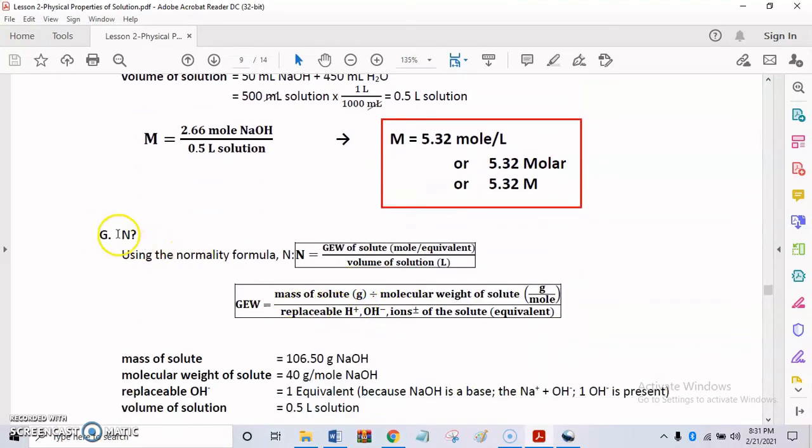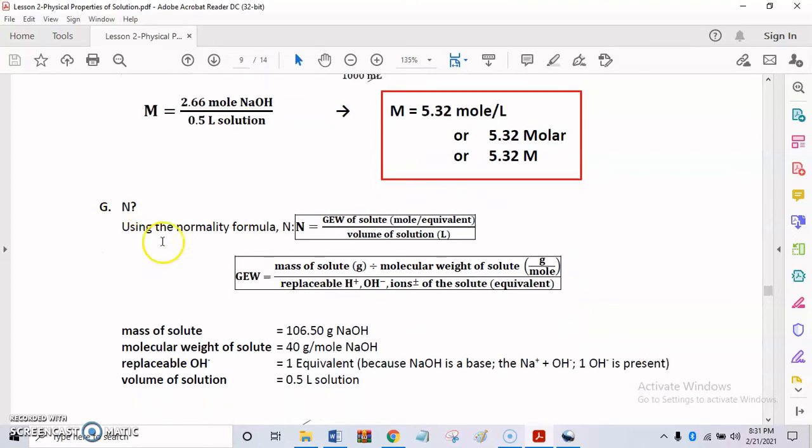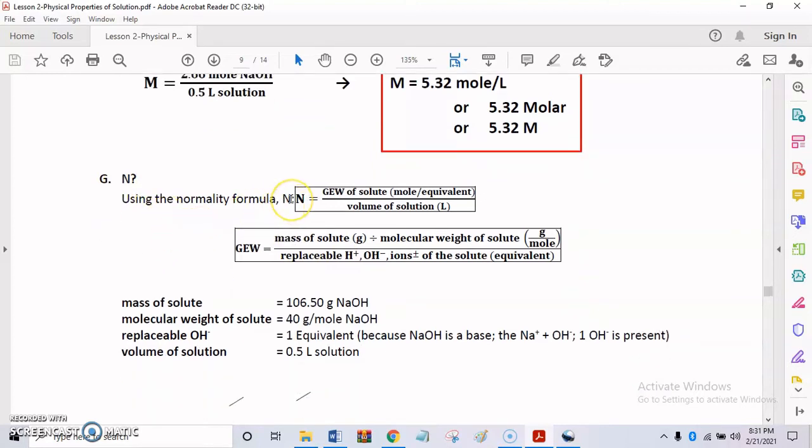Last is the normality. Normality formula is gram equivalent weight of solute, this formula here, which is in terms of mole per equivalent all over the volume of solution.